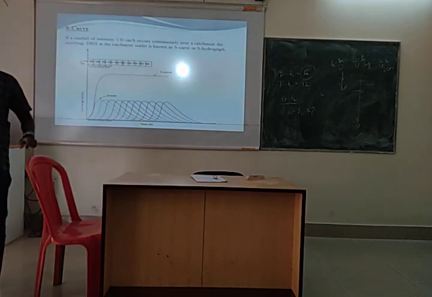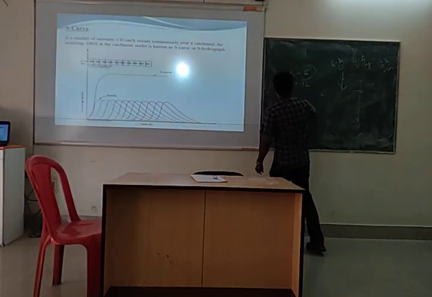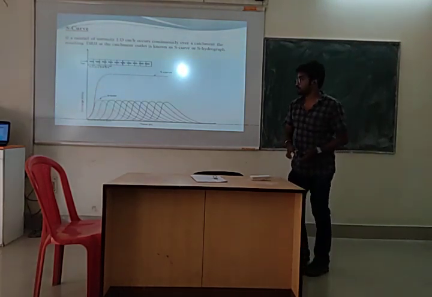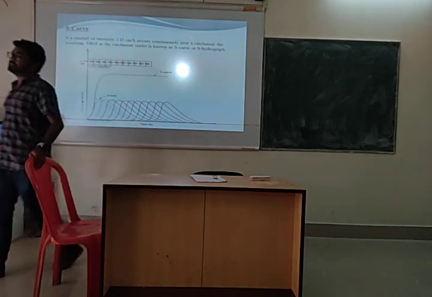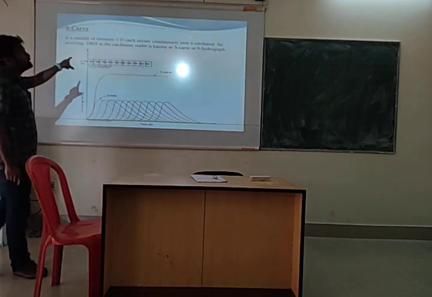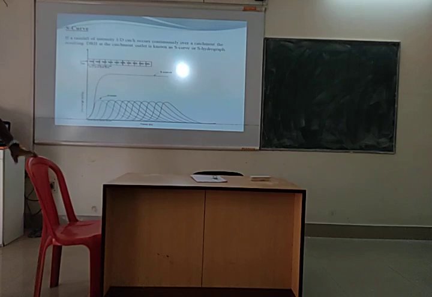Now we will look at the S-curve method. By definition, if a rainfall is happening continuously with a fixed intensity, say 1 by D centimeter per hour, then the graph you get at the discharge point will be called the S-curve.